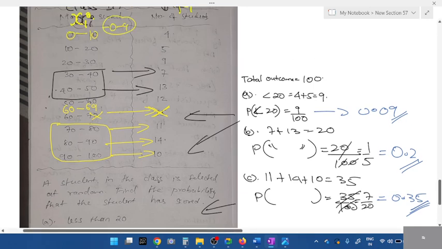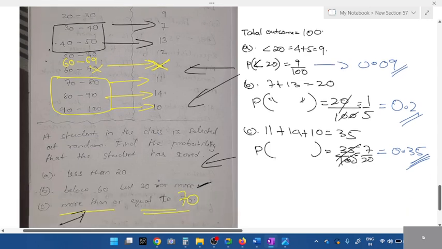So if it is less than 20, number of students, 35.